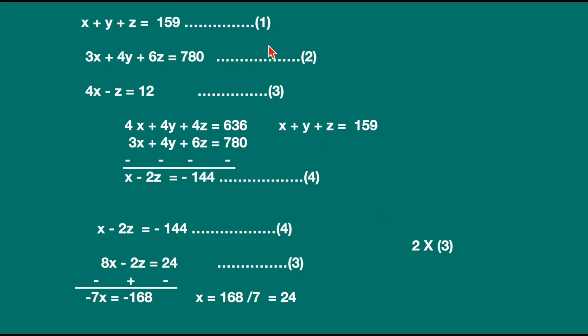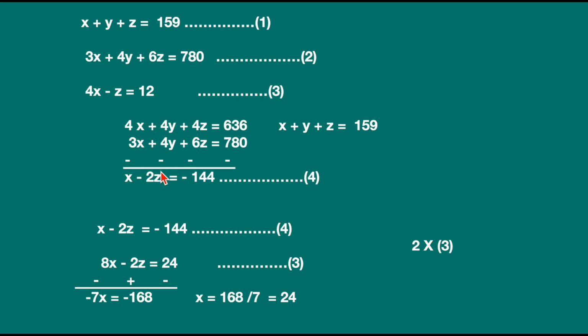We have to solve these 3 equations and get the values of X, Y and Z. We are going to use elimination. So here, let us take the first equation and the second equation. I am going to eliminate Y. For that, I am going to multiply the first equation with 4. So here it is. I have multiplied it. Write it down. Beneath it, write down this equation. We are going to eliminate Y here, so the sign has to change.